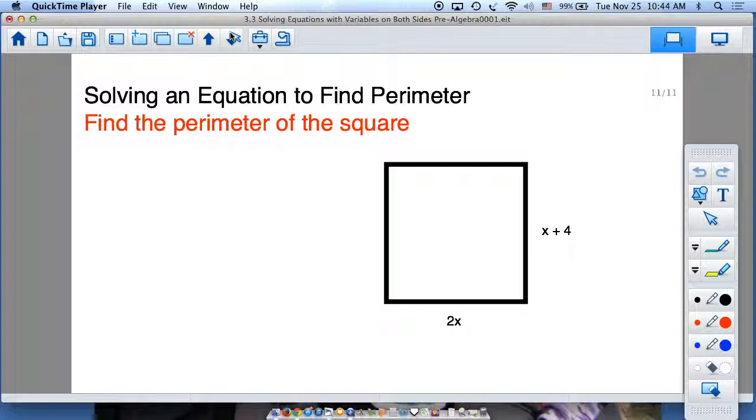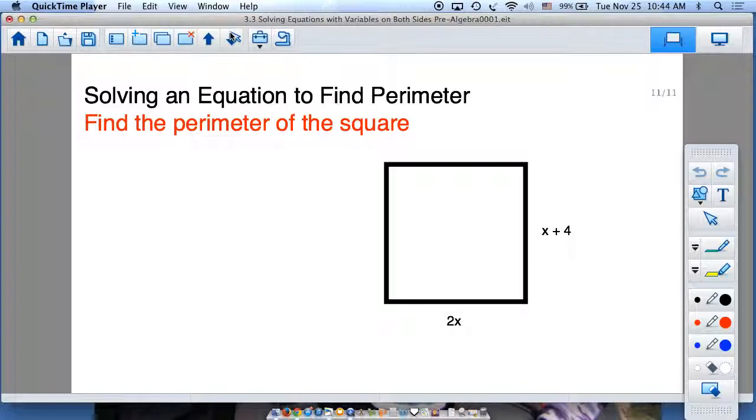Lastly, we have problems that involve geometry, where we can use equations to help us find answers to given questions. So in this question, I've given you a square, and I want you to find the perimeter of that square.